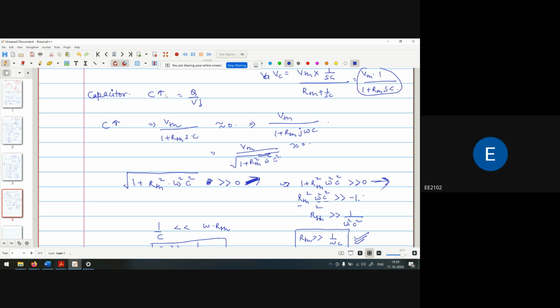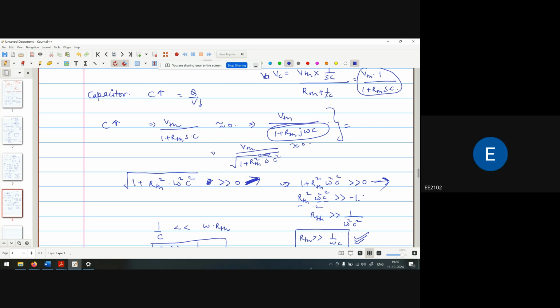Now, how should we put this voltage value to be 0? If the denominator term is infinite, then this complete term should be 0.